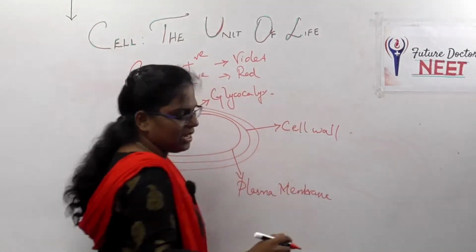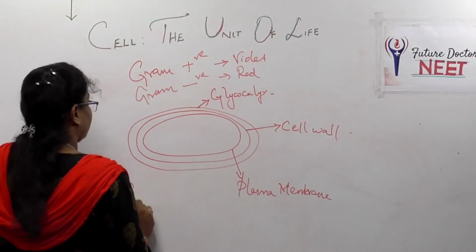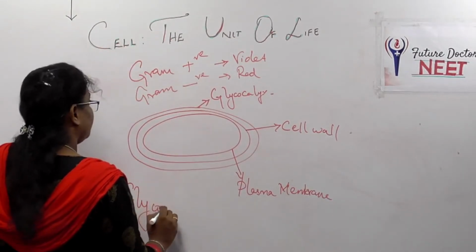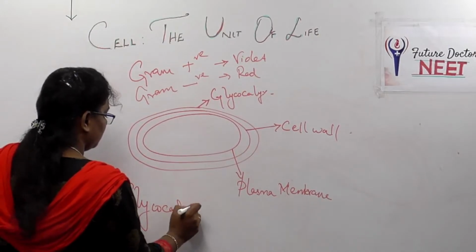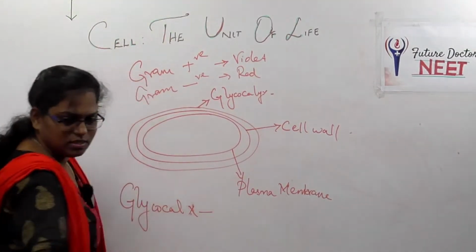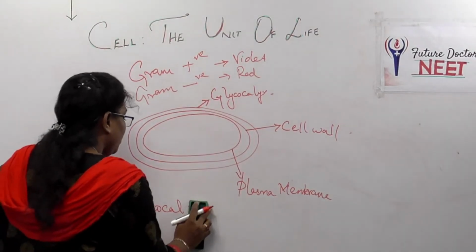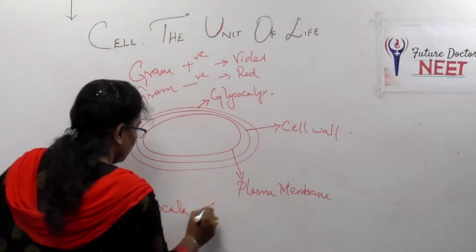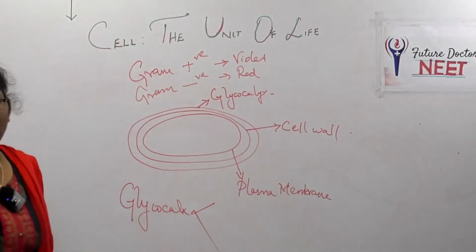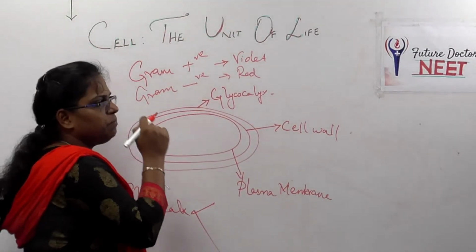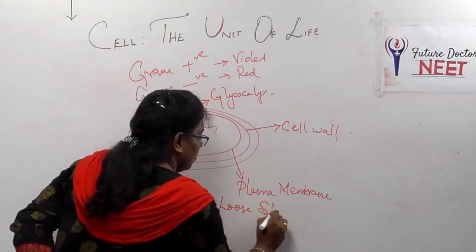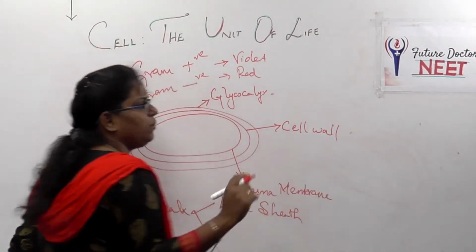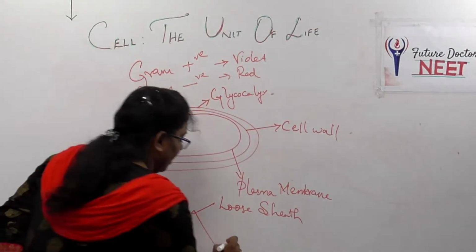So here this glycocalyx has two compositions. What are they? The first one is a loose sheath, the second one is a thick and tough layer.